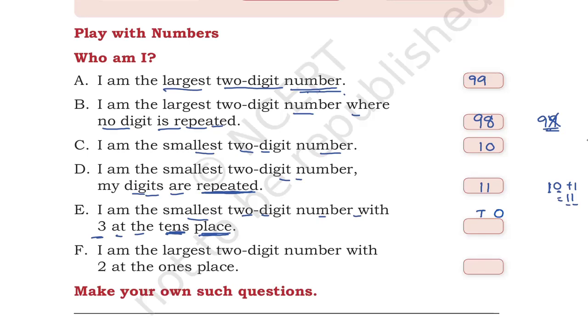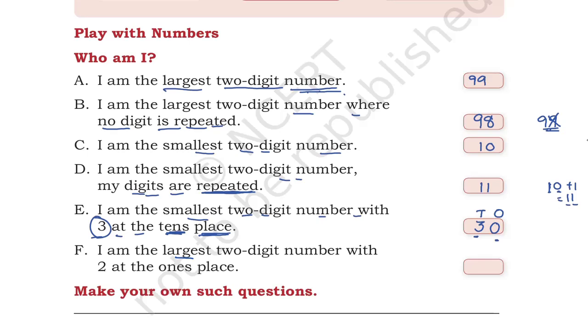The smallest two-digit number with 3 at the tens place. So we are going to put 3 at the tens place first. And can I add 9 here? That will make the largest two-digit number with 3 at the tens place. So this is going to be 30, which is the smallest two-digit number with 3 at the tens place.